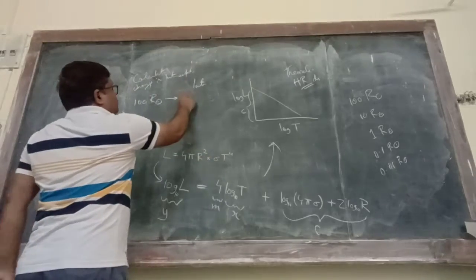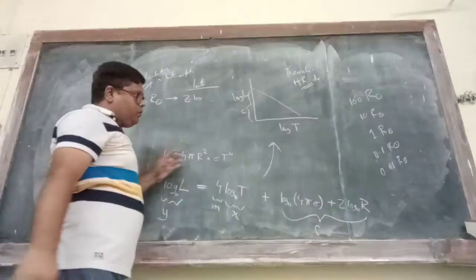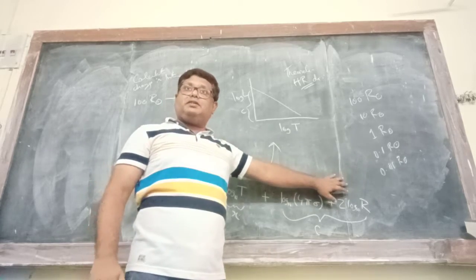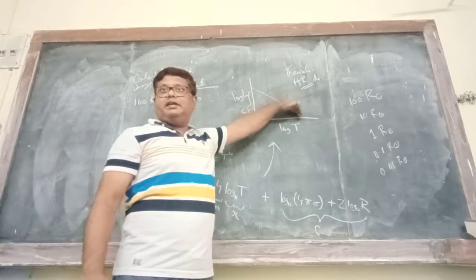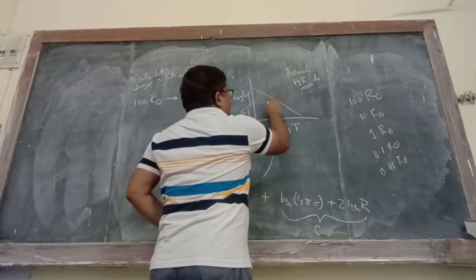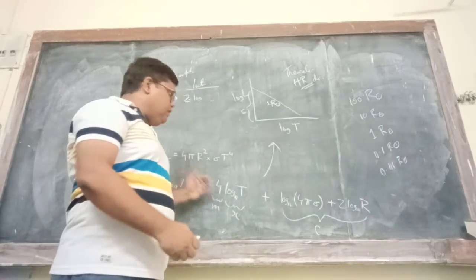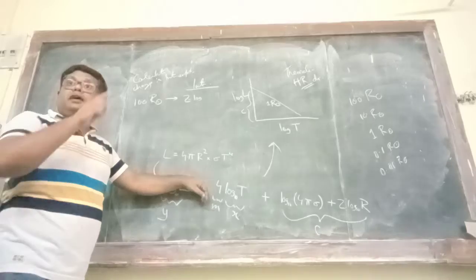So it is twice log R. Now when I say this r, I will be doing a sort of comparison. Why? I have drawn this line here, and this is for the case of one stellar radii. Now next time, similarly, log L minus log L solar.